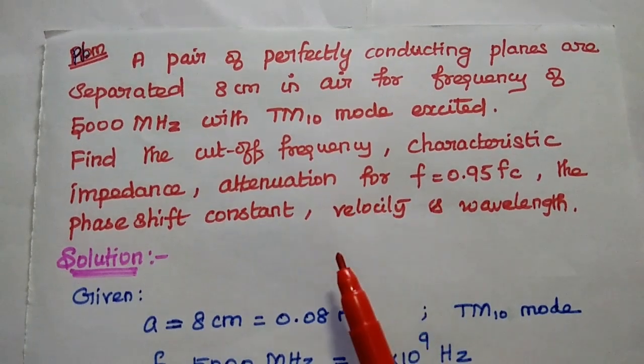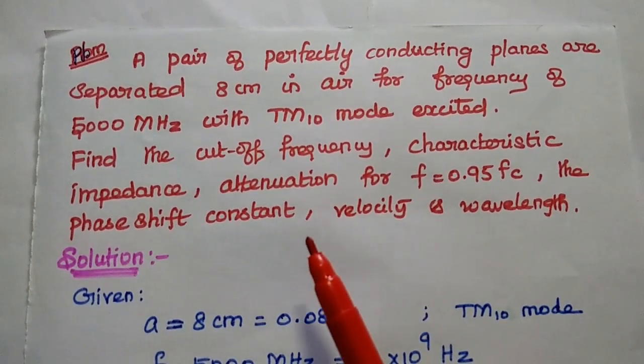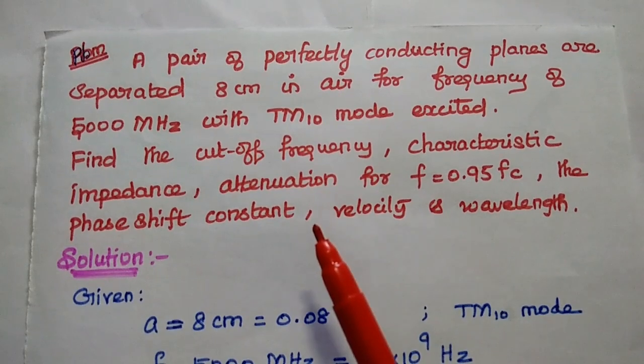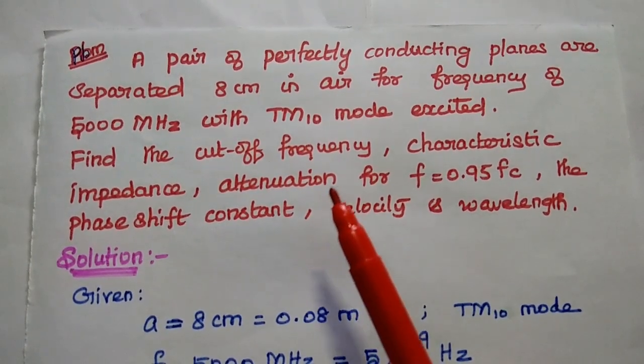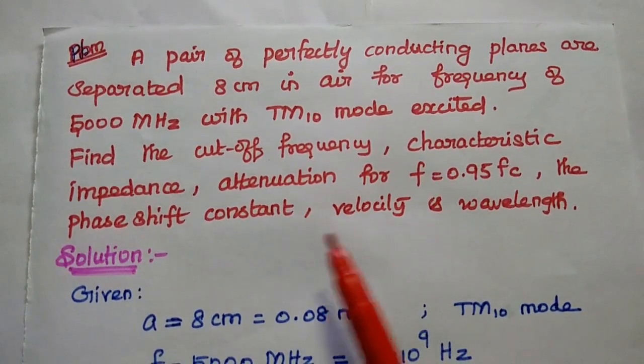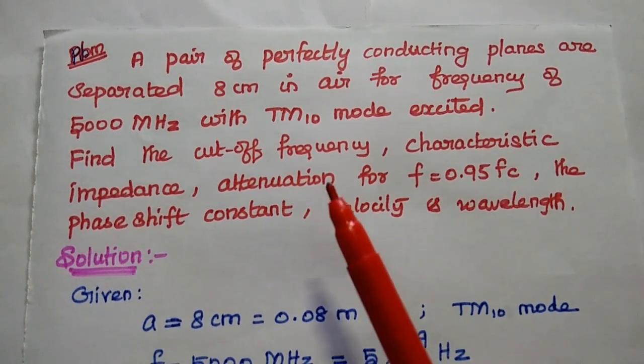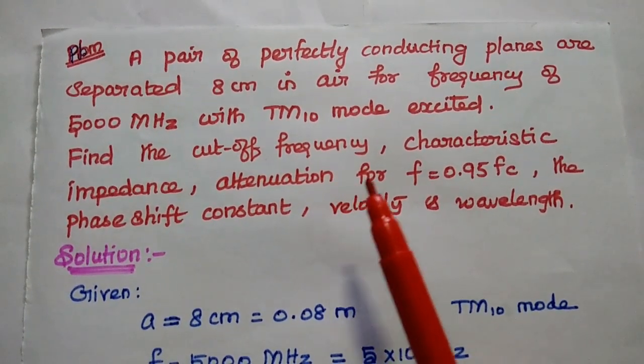In this problem, the separation between the parallel planes is given as 8 cm. The mode is TM10, and we are going to find the characteristics for the given mode.